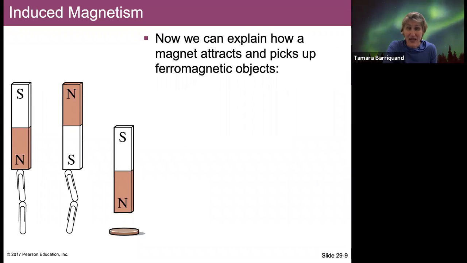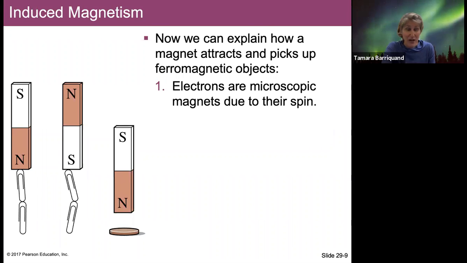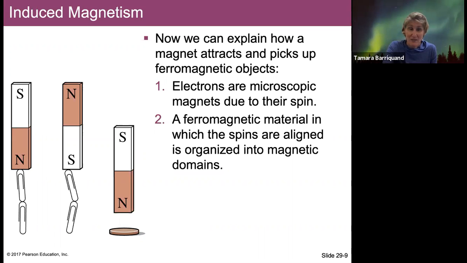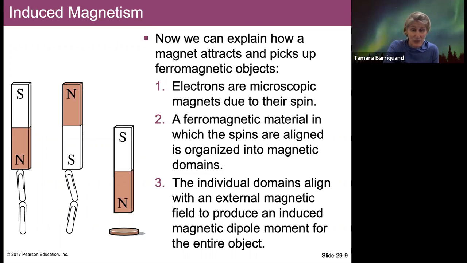So now we can explain how a magnet attracts and picks up ferromagnetic objects. Electrons are microscopic magnets due to their spin. A ferromagnetic material in which the spins are aligned is organized into magnetic domains. The individual domains align with an external magnetic field to produce an induced magnetic dipole moment for the entire object.